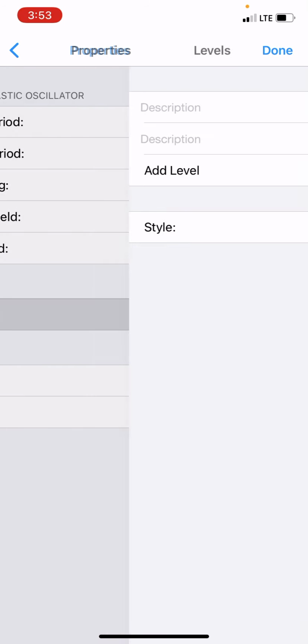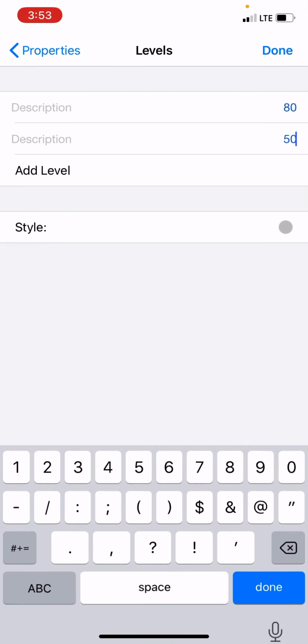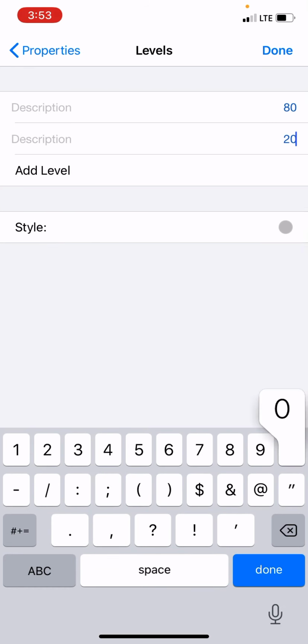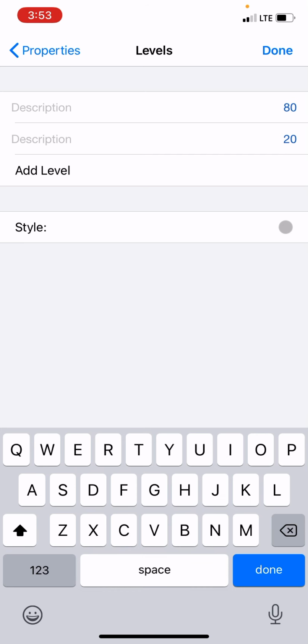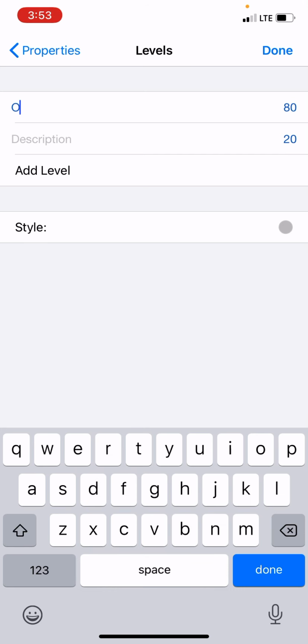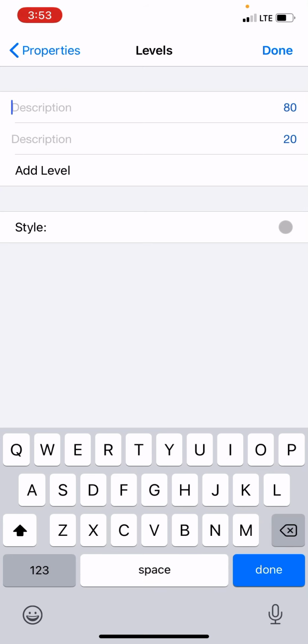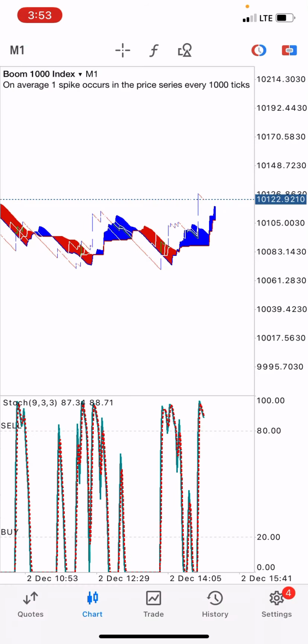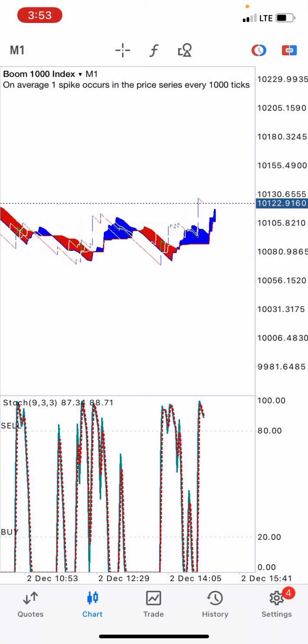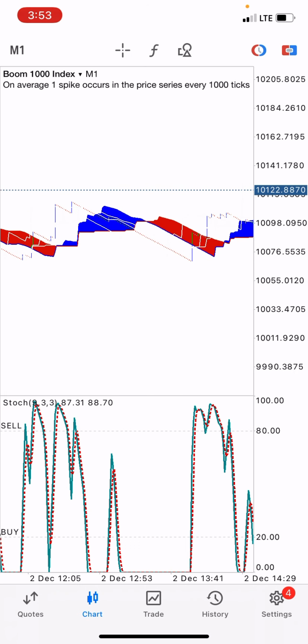The levels are 80 and 20. You can put overbought, oh, let me just put it like this. Sell, buy.